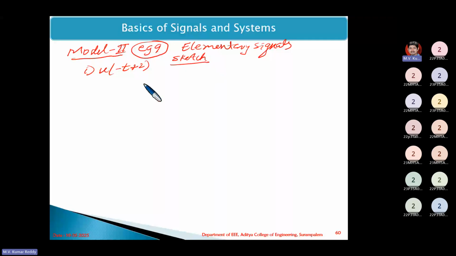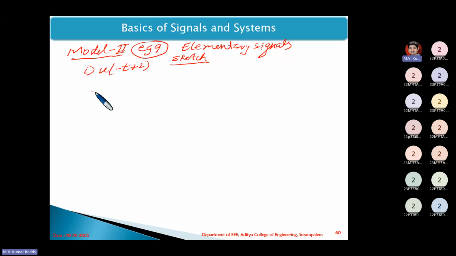Previously, the graph or signal was already given, and you had to shift, compress, expand, or time reverse the signal. But here, no graph is given, only the expression.